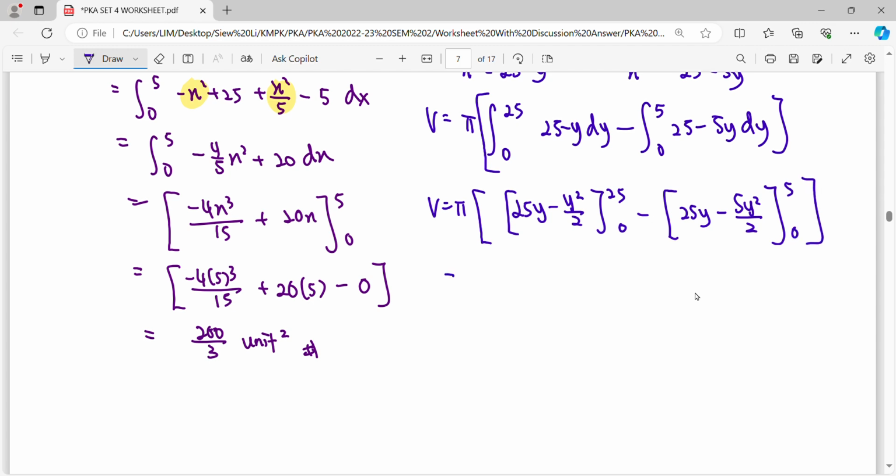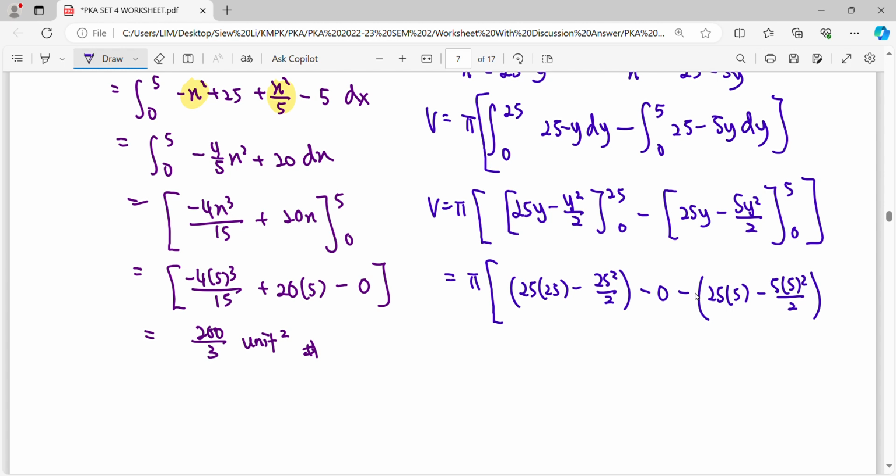Then we evaluate this. Substitute our upper limit 25, minus lower limit 0, it will be 0. Then for this part, substitute upper limit 5, then minus lower limit 0.